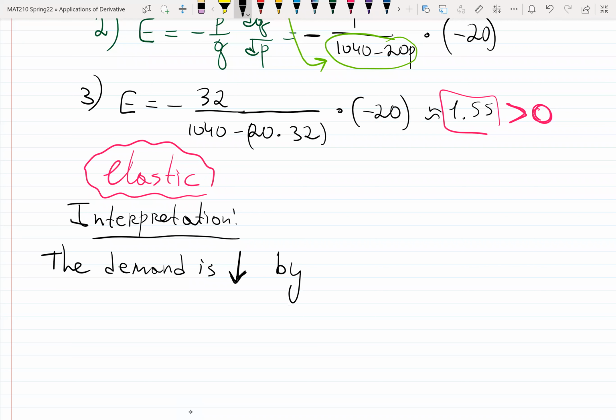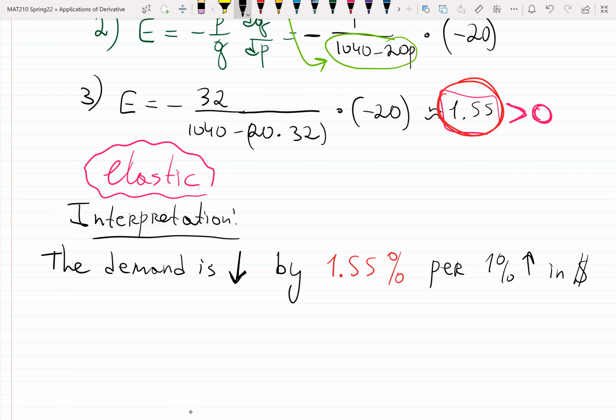Elasticity gives you percentage. This is percentage: 1.55% per 1% increase in price. Let me do dollars: 1% increase in dollars.